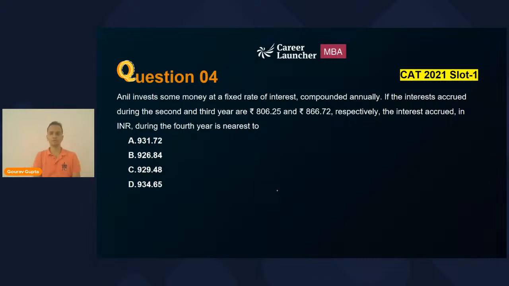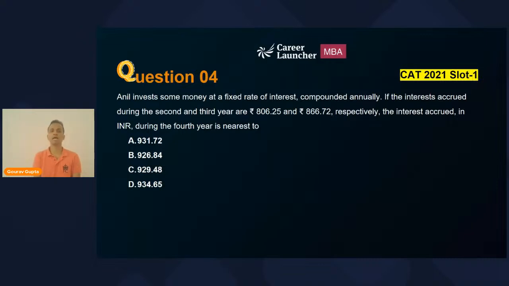Next question, question number 4. Now this is CAT 2021 slot number 1. In this question, the numbers are really difficult. 806.25, 866.72, all right?